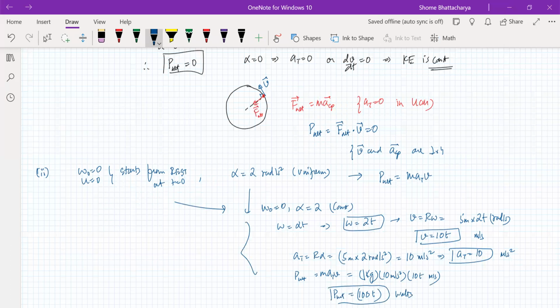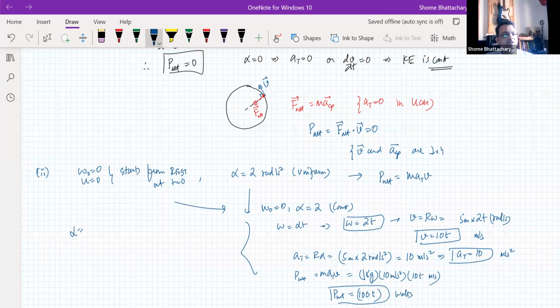Or you can also see it this way: alpha is equal to 2 radians per second square, radius is equal to 5 meters. That means tangential acceleration, which is r alpha, is 10 meters per second square, which means that the rate of change of speed is 10 meters per second square and constant. So speed as a function of time will become 10t, because initial speed was 0 at t equal to 0.